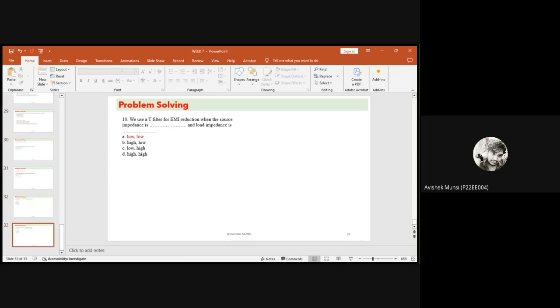Fine. So obviously low and low impedance is required. So this is the answer. If you have any doubt regarding these classes, you can ask. Otherwise, we are already done. If you have any doubt regarding the EMI, you can ask me. And that's all for the day. Good night, everyone. If you have any doubt, you can ask.